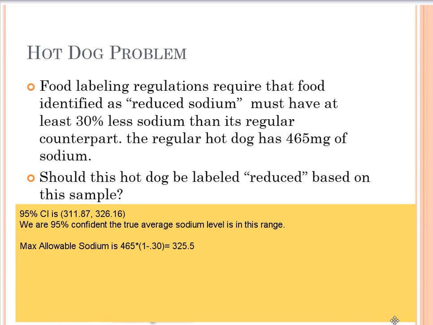So this package of hot dogs cannot be labeled reduced sodium because they don't meet that 30% criterion or the maximum allowable sodium level. The true average may be greater than this maximum allowable level, and so we can't say we have enough evidence to reject that null hypothesis. In order to be labeled reduced sodium, this whole confidence interval would have to be less than the maximum allowable level. That's the only way they could be labeled reduced sodium.